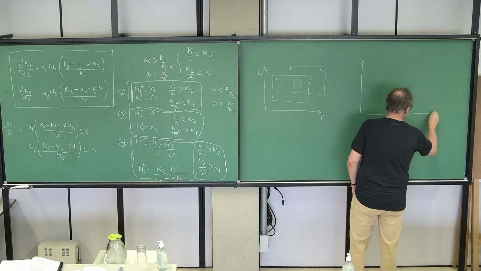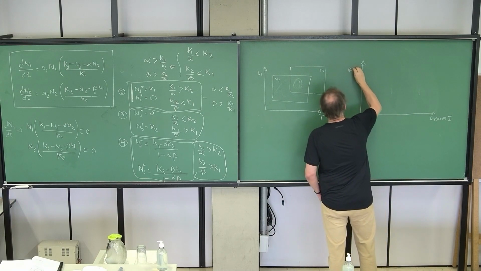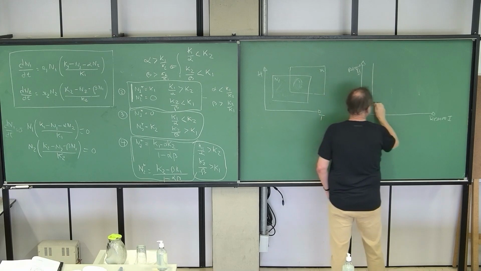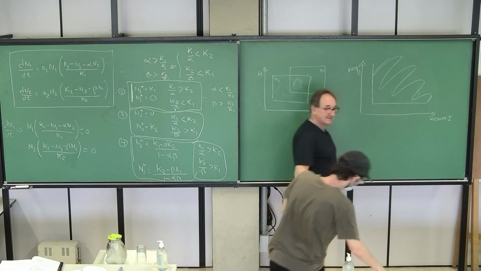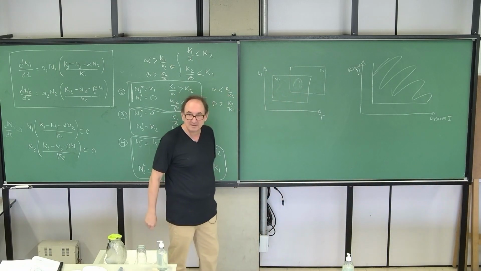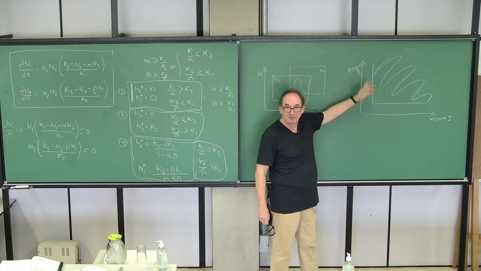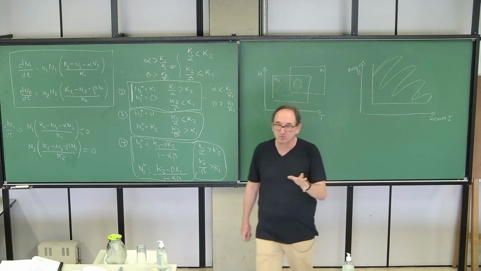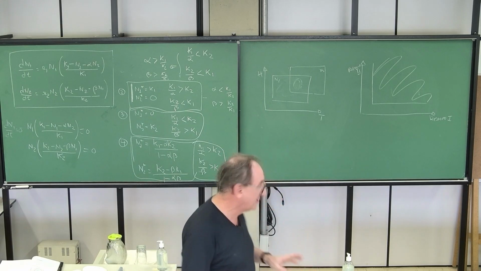That would be resource 1 and resource 2, and then I draw something here. This is the kind of plot that people do. This is the case where resource 1 and resource 2 are both essential.